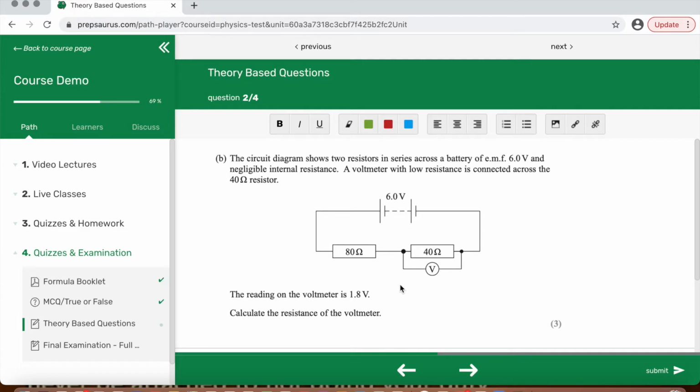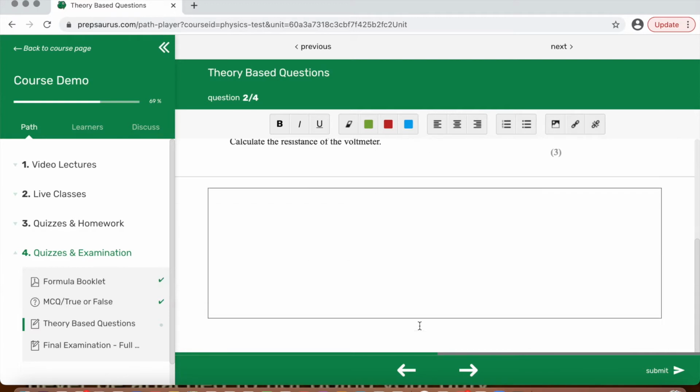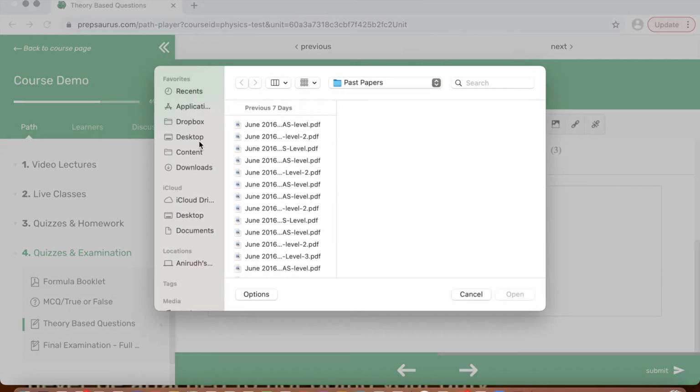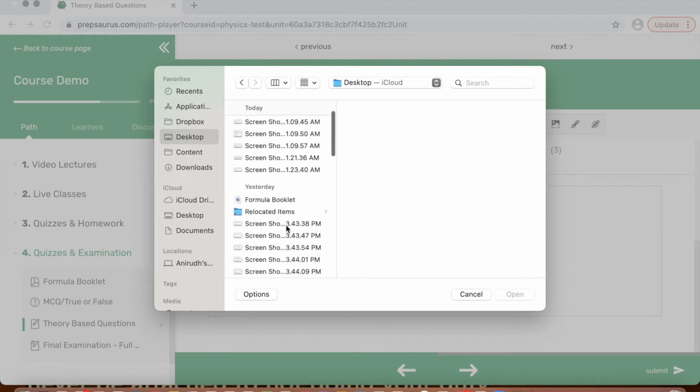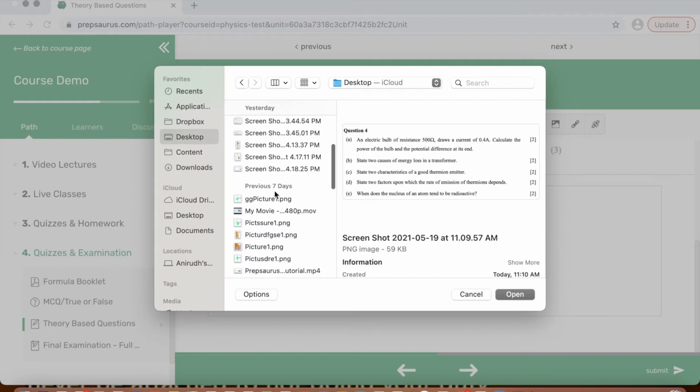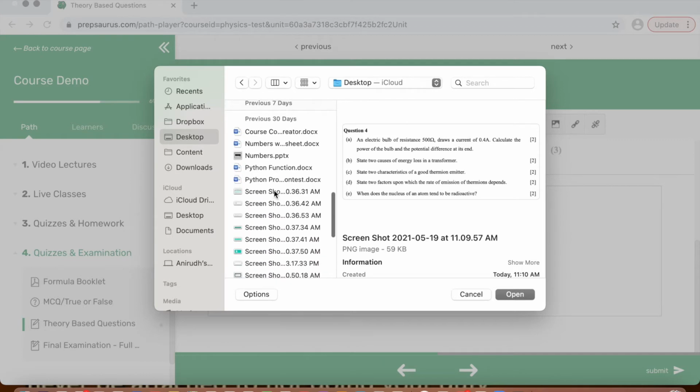Finally, the question asks calculate the resistance of the voltmeter. So here the student has an option to click on this image. So they can go here, click on this image, and they can select a picture which is the answer for the test.